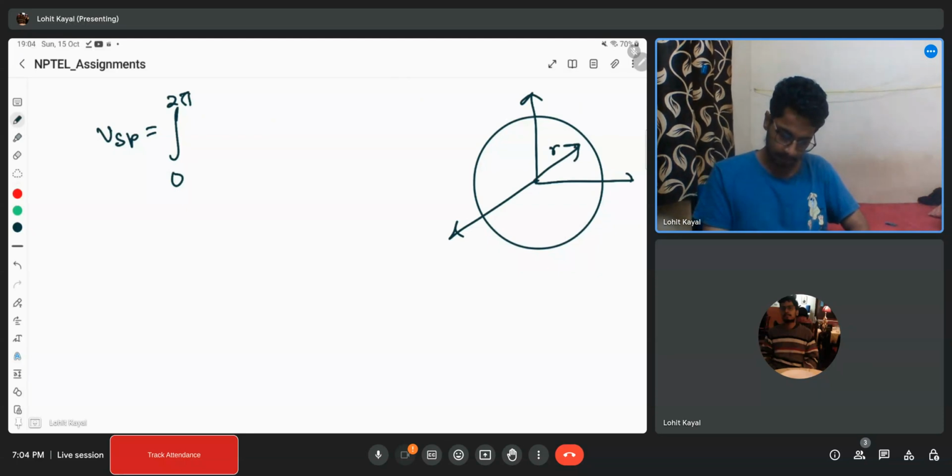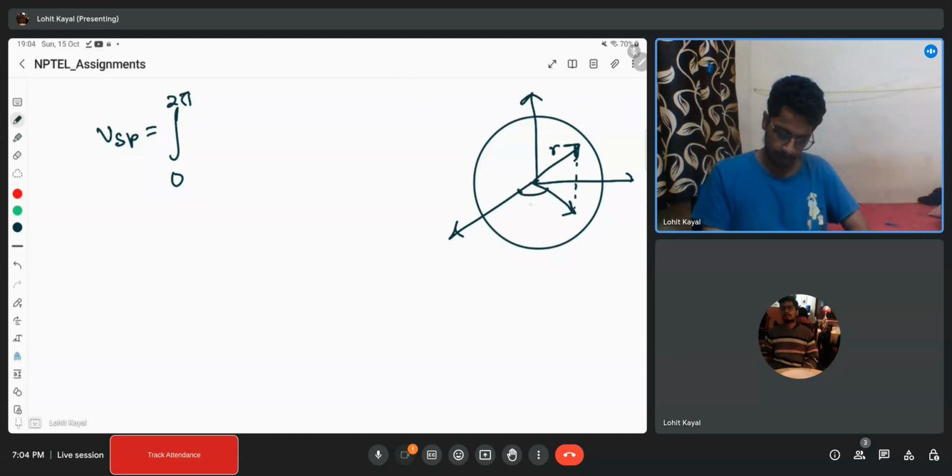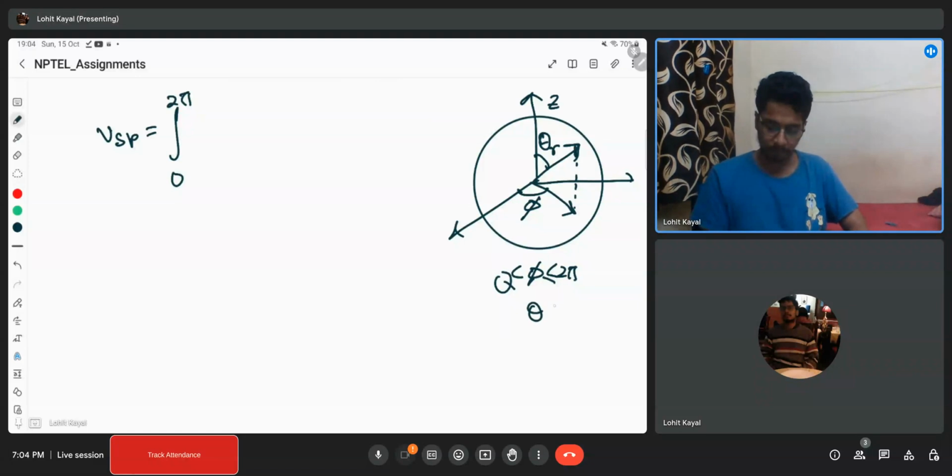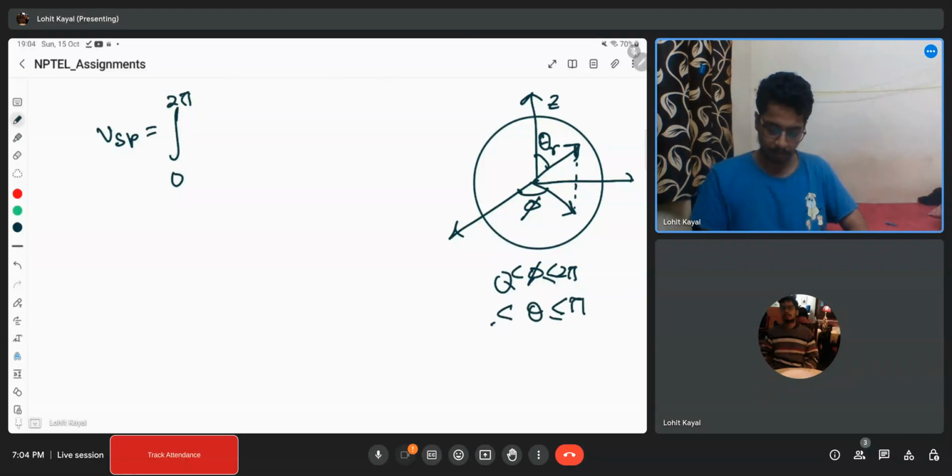This angle is phi, varying from 0 to 2 pi, and the angle with the z axis is theta, varying from 0 to pi.